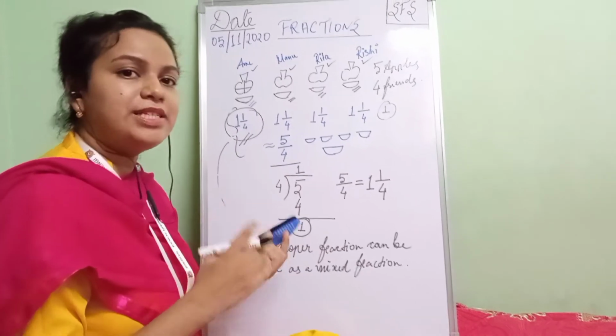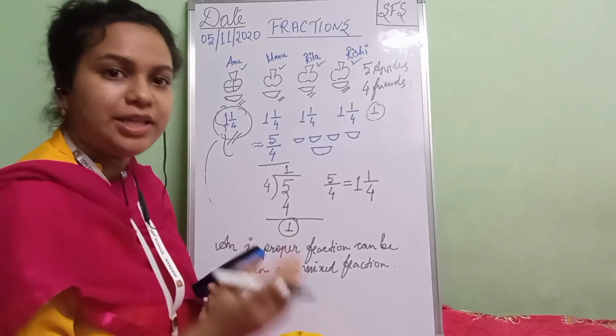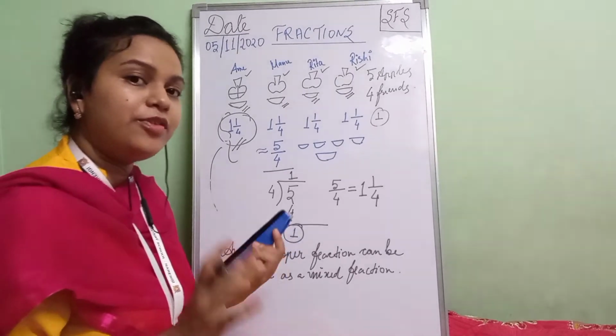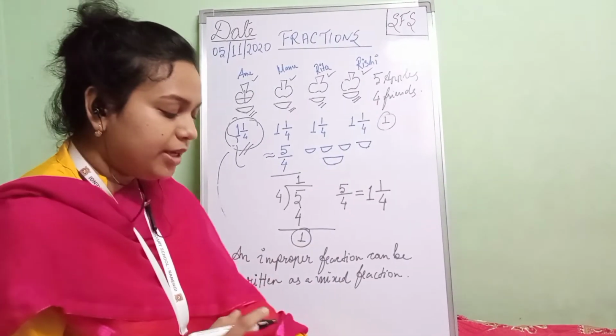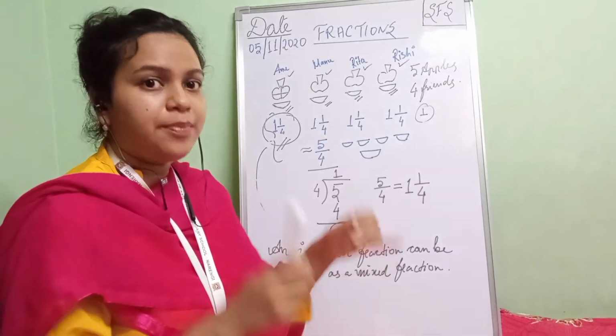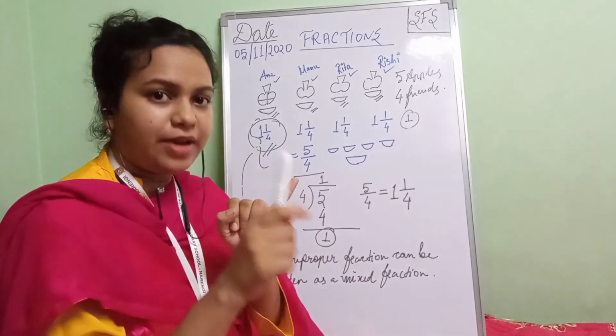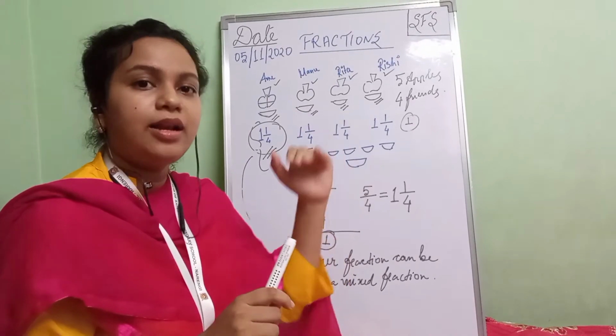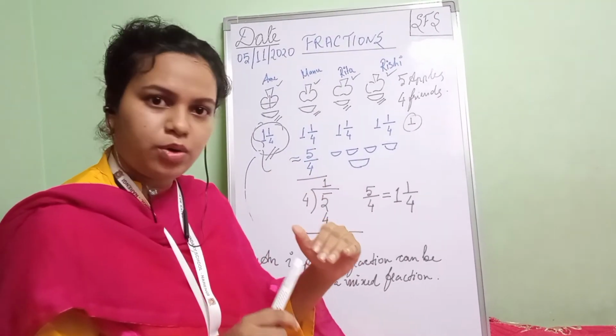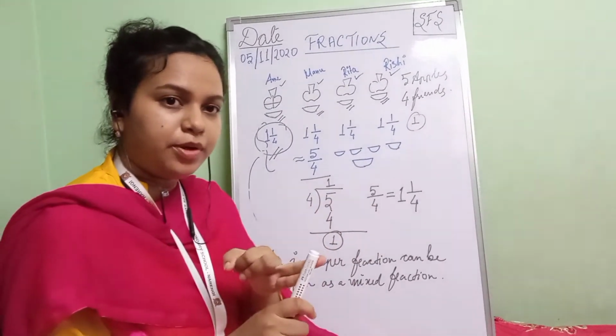How we can write a mixed fraction, how we can write an improper fraction, and how we can write a proper fraction. So today we learned at first a proper fraction. What is a proper fraction? A proper fraction is a fraction where the numerator is less than the denominator. Then we learned an improper fraction.